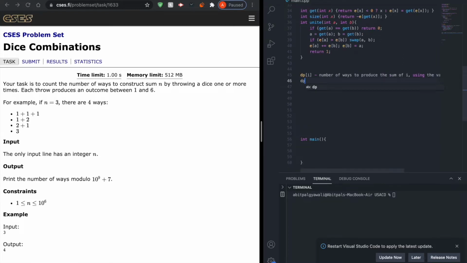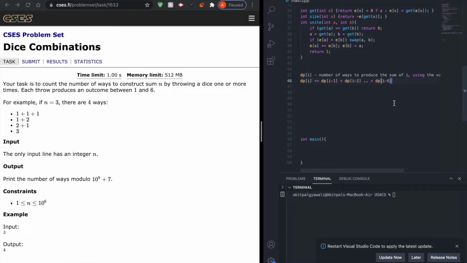And then to figure out dp[i], we do plus equals dp[i-1] plus dp[i-2], and so on until dp[i-6].